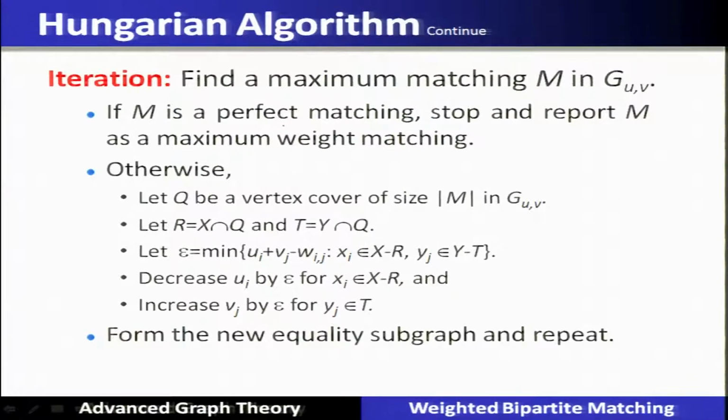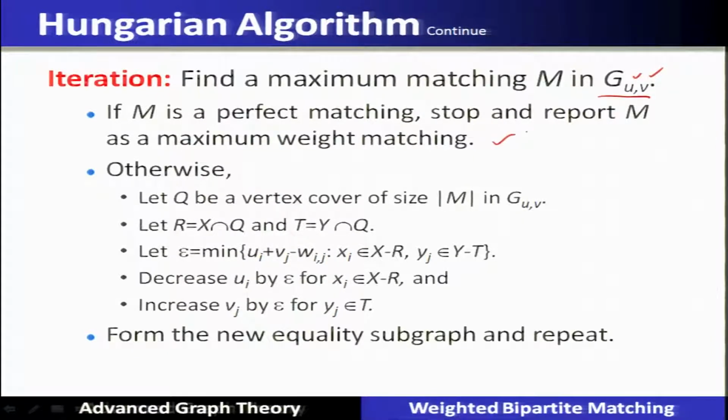In the iteration, we find a maximum matching M in the equality subgraph G(u, v) which we have initialized and formed. If M is a perfect matching, then we stop and report M as the maximum weighted matching.